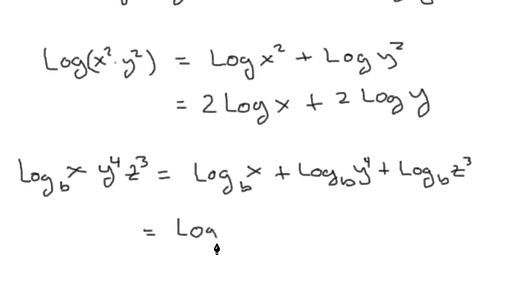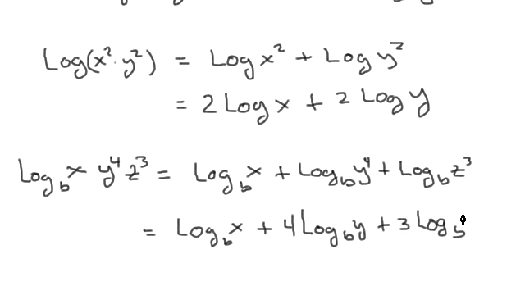Now of course I'm going to rewrite. Take this 4 and bring it out front, so you should have known that was going to happen, plus taking this 3 and bringing it out front of log z. So that's now been completely expanded.